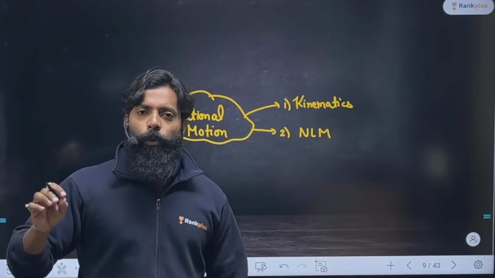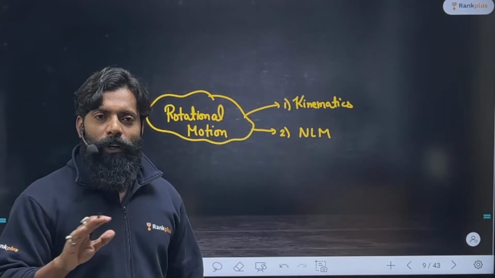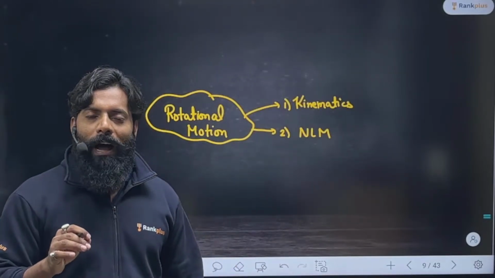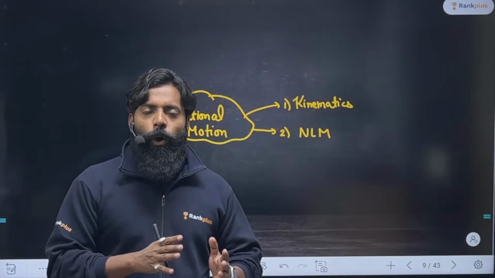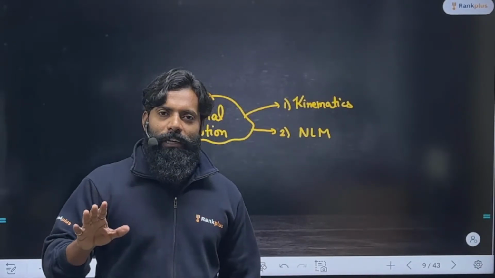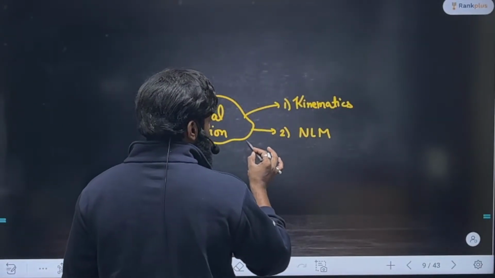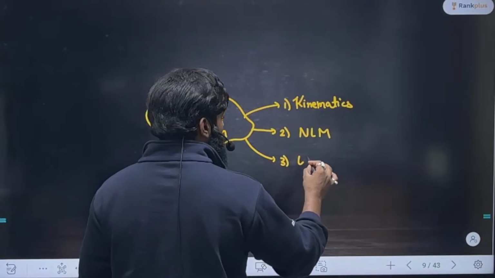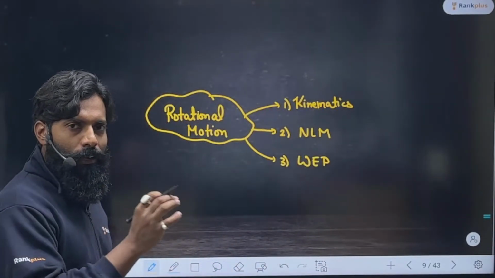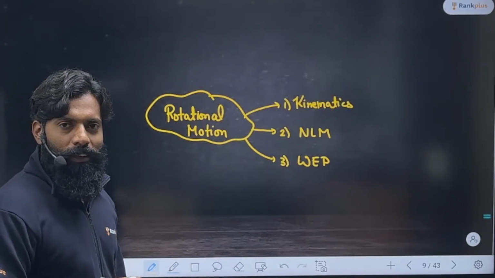But before we proceed, you do not need to think in terms of isolation when you are dealing with rotational motion. You have to connect all those dots, whatever we are studying, with what I am teaching you. So kinematics, Newton's laws of motion. The third one is work, energy, and power. All these concepts will get mixed together. Then you will be able to clear each and every question related to the numericals of rotational motion.